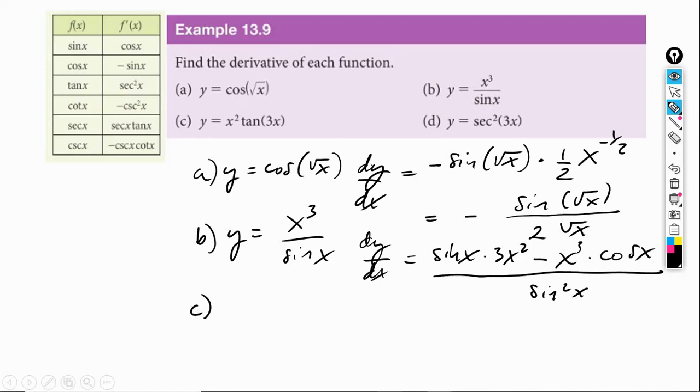For C, we have y is equal to x squared tangent of 3x.